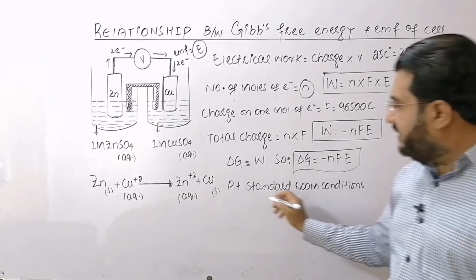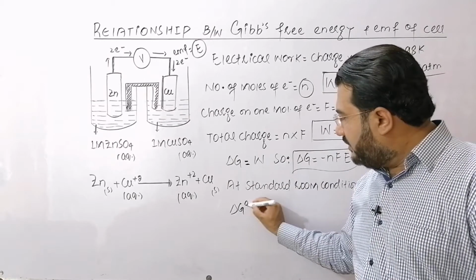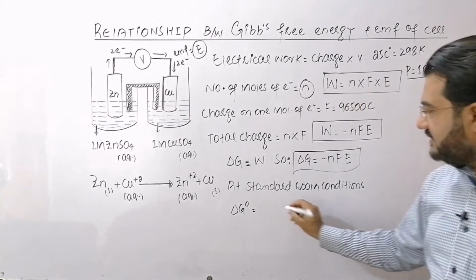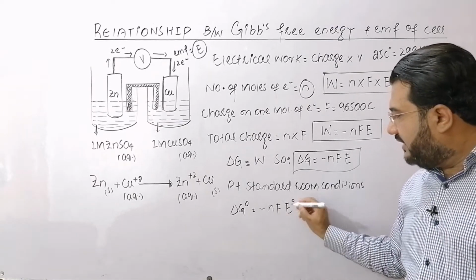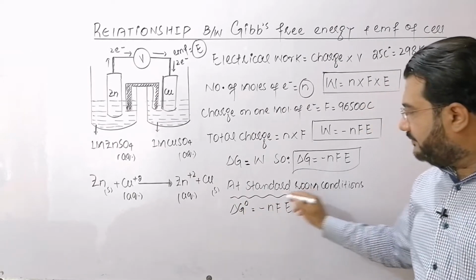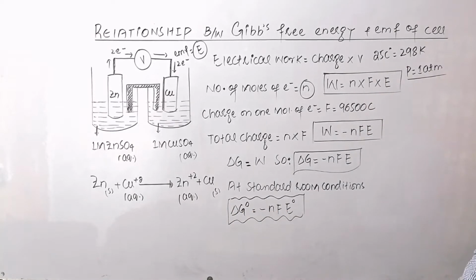Under standard room conditions, the Gibbs free energy will be delta G naught. This naught shows the standard conditions, that will be equal to minus nFE naught. So this naught is just for the standard room conditions.